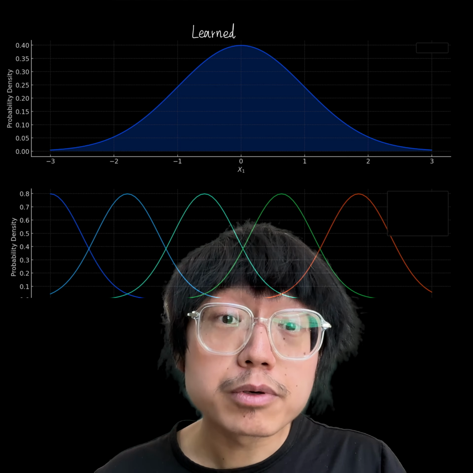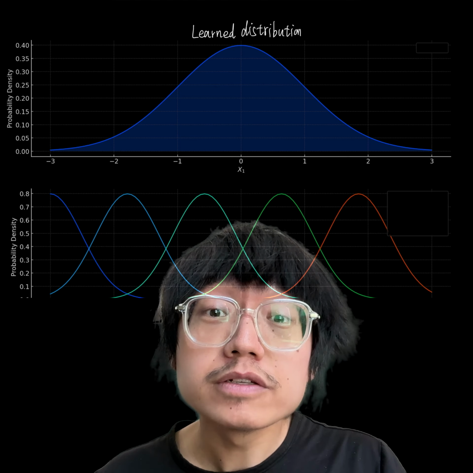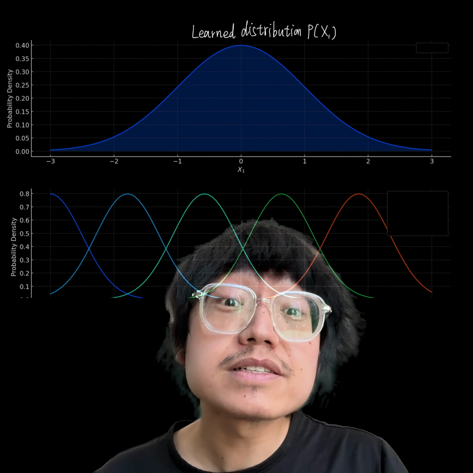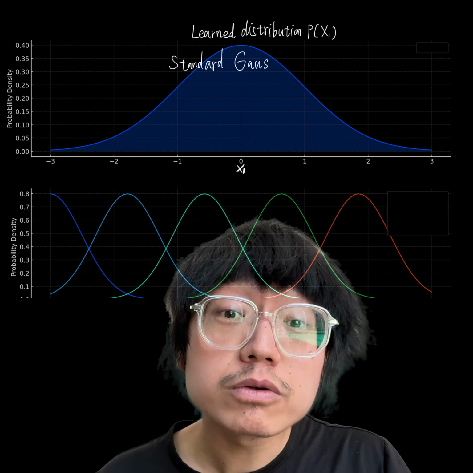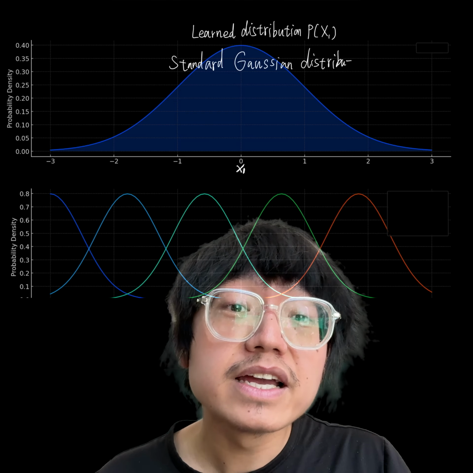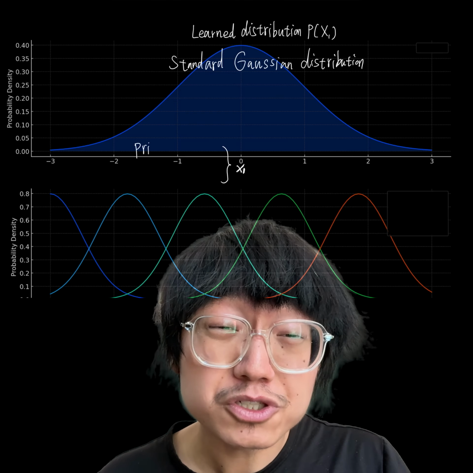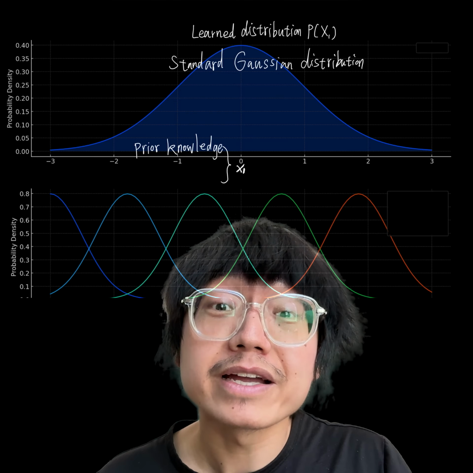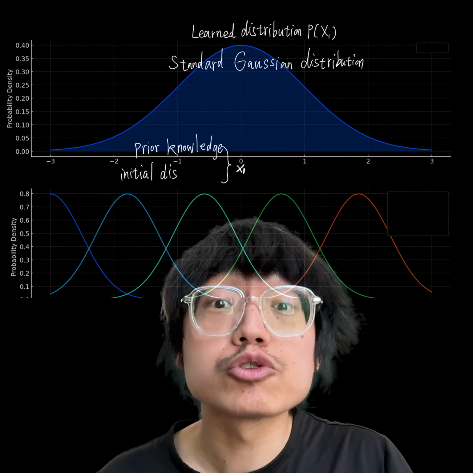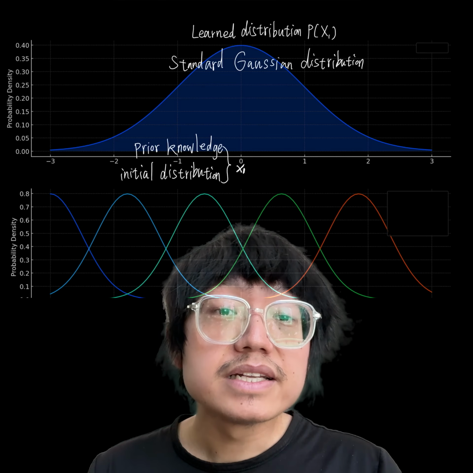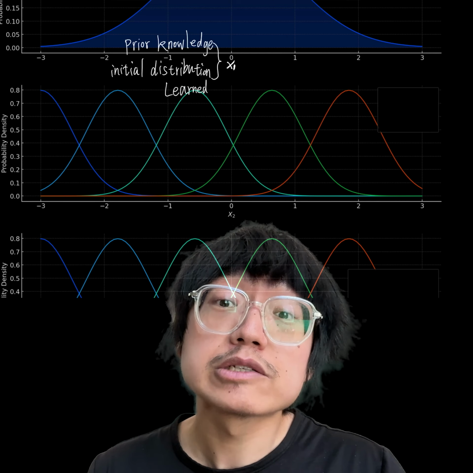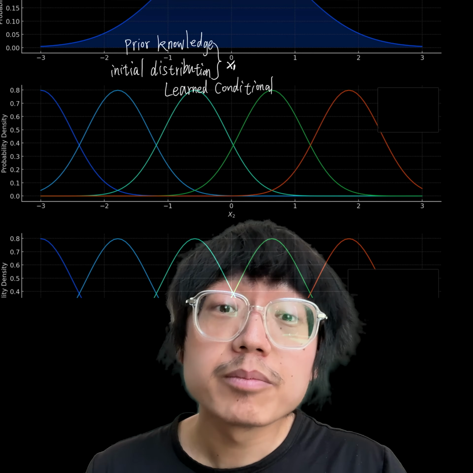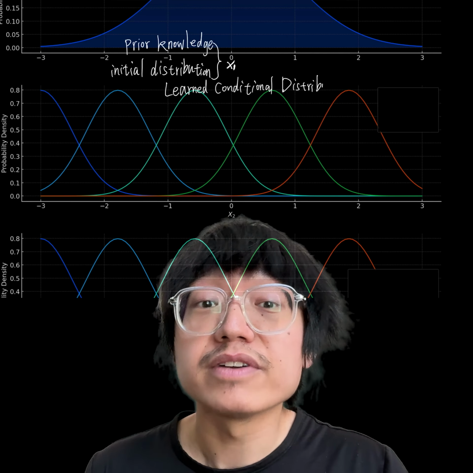Let's look at the first plot, which is the learned distribution P of x1. This is the distribution of the first variable x1, which the model learns directly, and it is a standard Gaussian distribution representing the prior knowledge or initial distribution of x1. In the second plot, these curves represent the learned conditional distribution of x2 given specific values of x1.